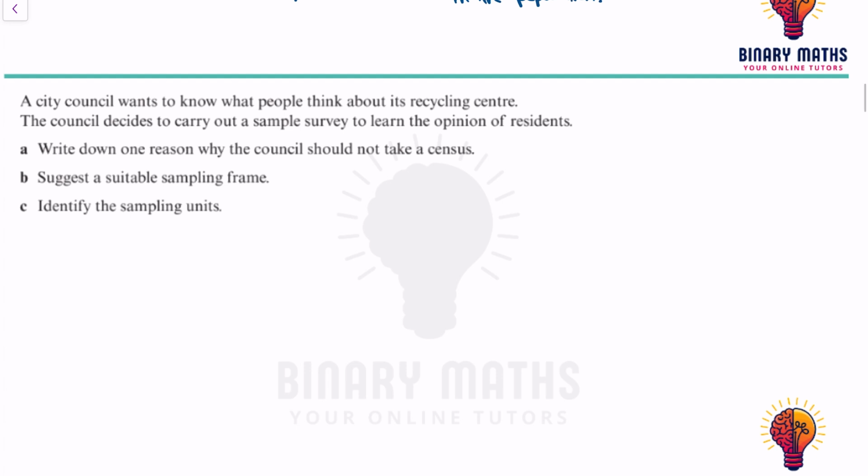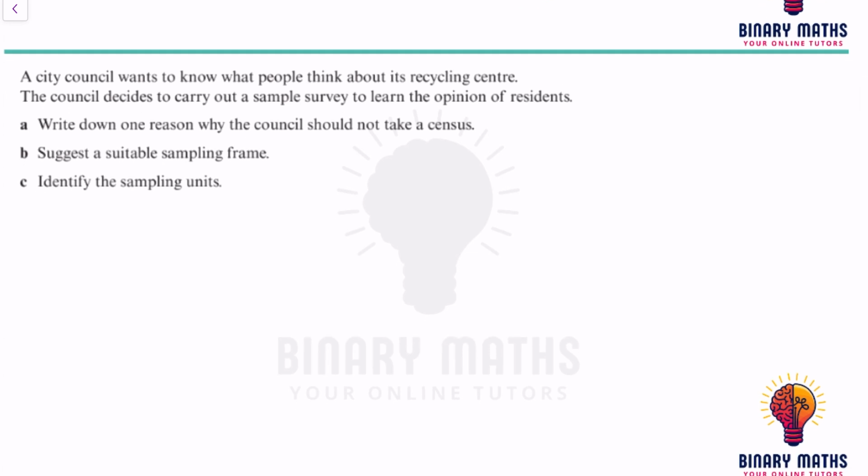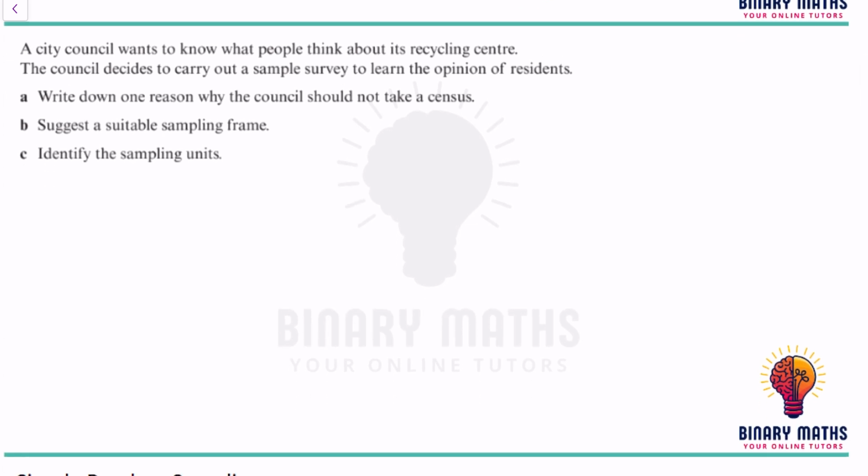Okay, let's go through a question to do with this. A city council wants to know what people think about its recycling centre. The council decides to carry out a sample survey to learn the opinion of residents. A. Write down one reason why the council should not take a census. Any one of the disadvantages: time consuming, or you can say expensive, or you can say difficult to process data.